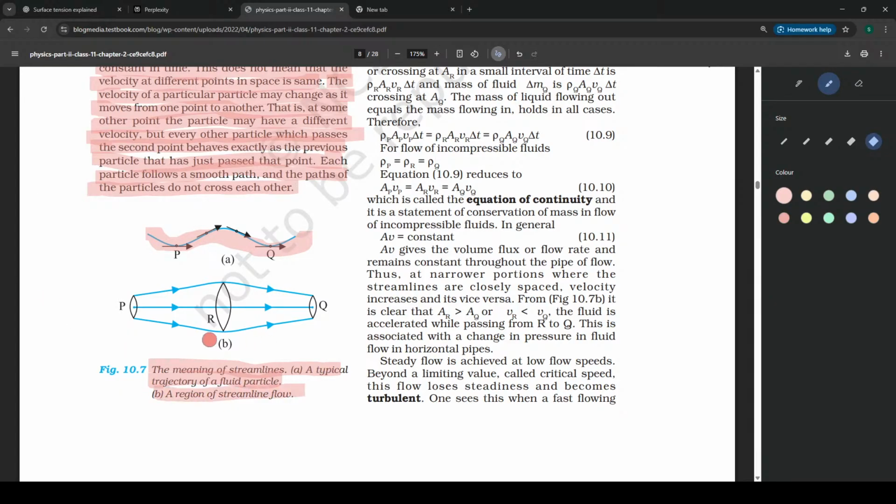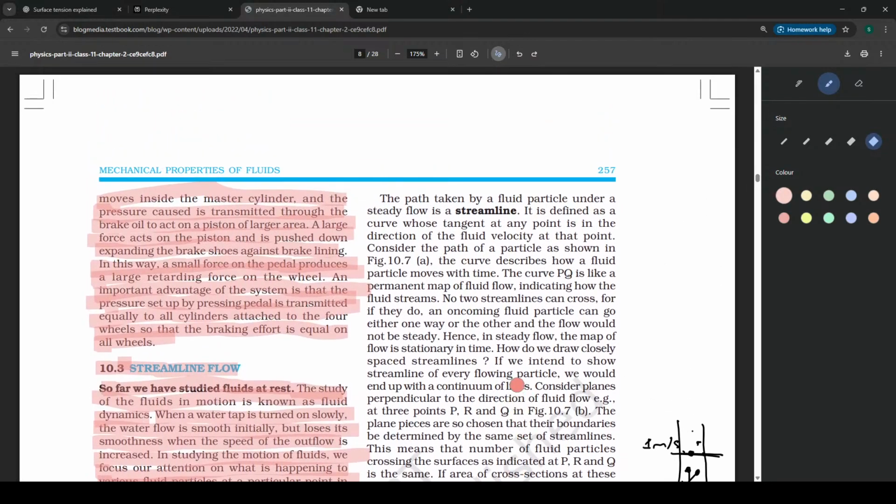A region of a streamline flow where particles, these are three surfaces, the particles go like this. Anyways, the path taken by a fluid particle under a steady flow is a streamline.